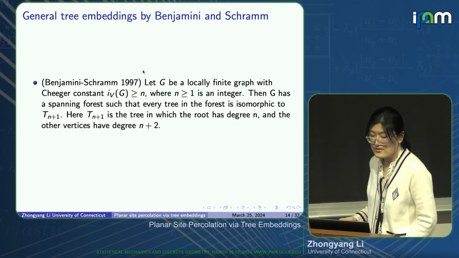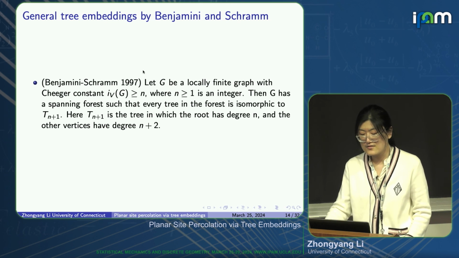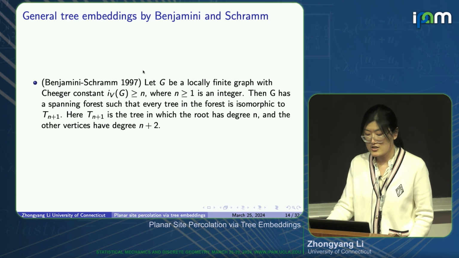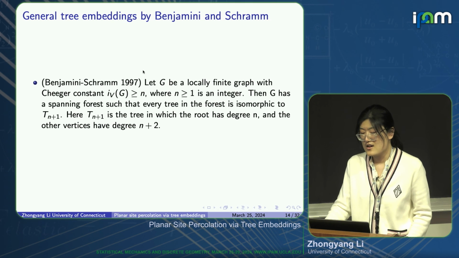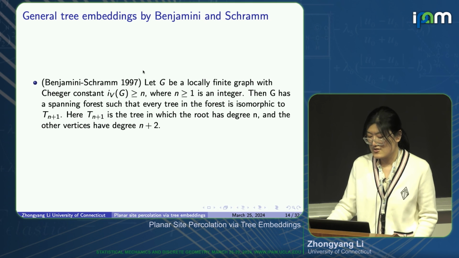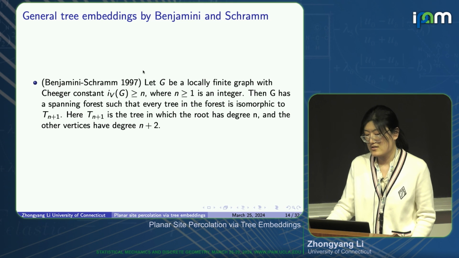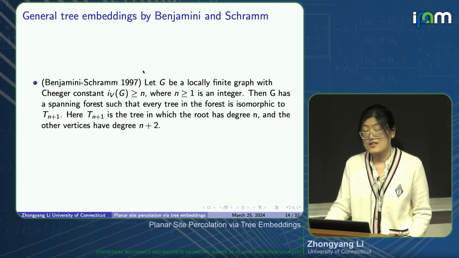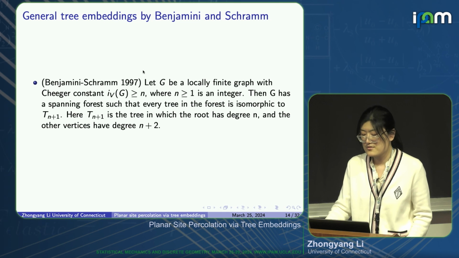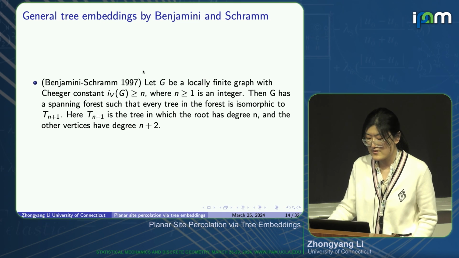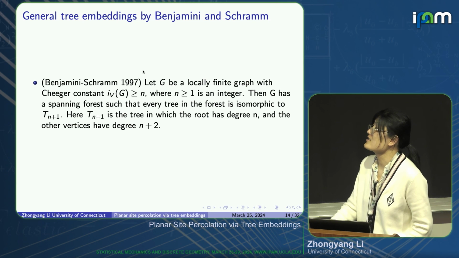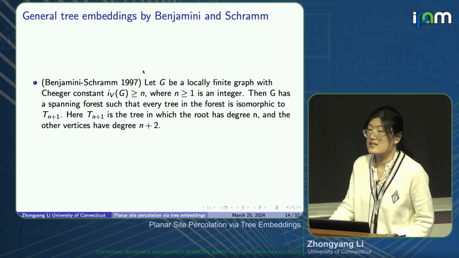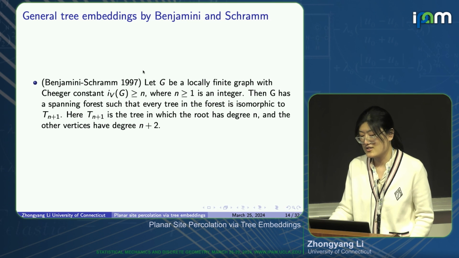Indeed, in 1997, Benjamini and Schramm showed that if G is a locally finite graph with Cheeger constant at least n, where n is an integer greater than or equal to 1, then G has a spanning forest such that every tree in the forest is isomorphic to T_{n+1}. Here, T_{n+1} is a tree in which the root has degree n and the other vertices have degree n+2. This is a general theorem which applies not only to planar graphs, but to any non-amenable graph with Cheeger constant at least n.